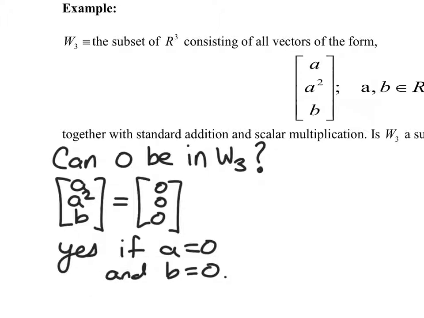So let me just give you a quick what if scenario. Let's say the second entry were A plus 2. Then you would start thinking, well, in order for this to be the zero vector, A would have to be equal to 0. But if A is equal to 0, then the second entry would have to be 2, because 0 plus 2 is 2. Then it would show that there was no way that the zero vector could be in the set.